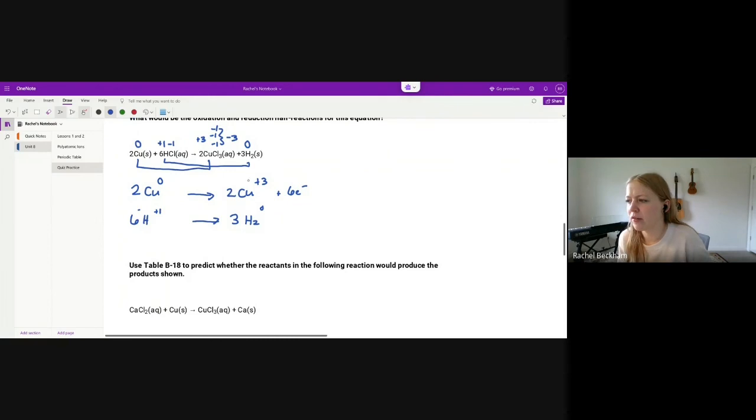So see how the positive charge is over here, so the electrons go there. So the electrons go on this side this time, and each one only has a +1 charge. But how many do we have? Well, we have 6 sets of them. And so we'll say +6 electrons, right? And so this is the oxidation half, and this is the reduction half right here.